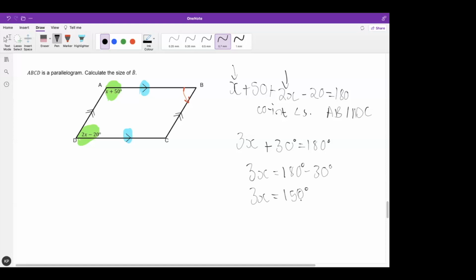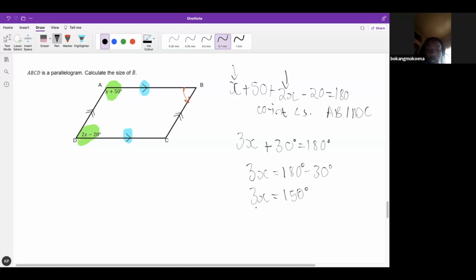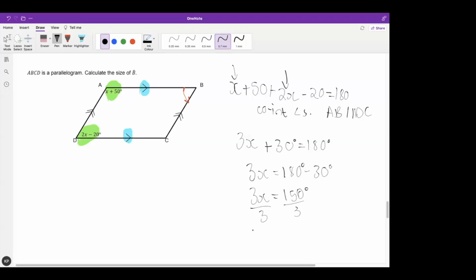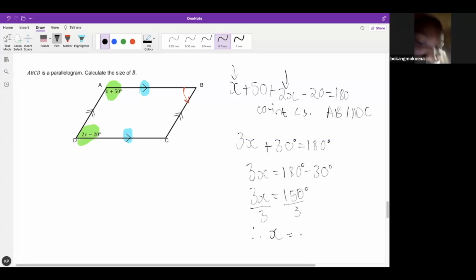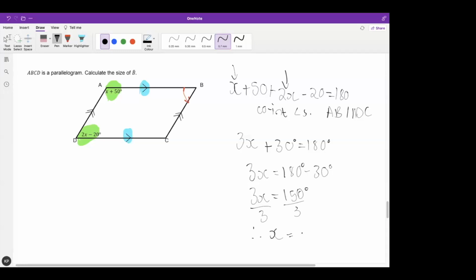Equals 150. There we go. And then divide 3x over 3 and 150 over 3. Therefore, x is 50. Nice, Bokang. So now we have x is 50, okay?